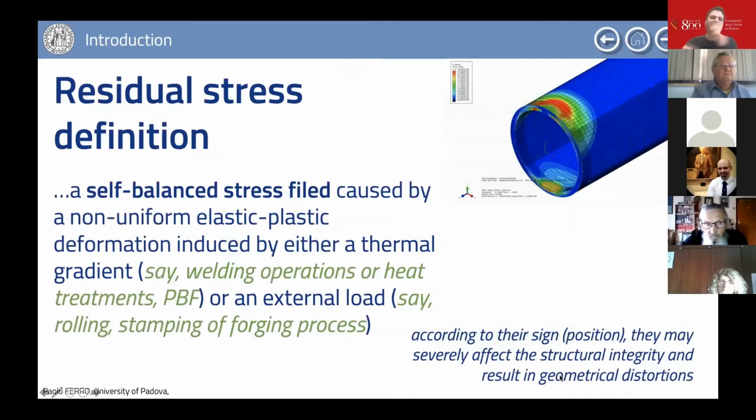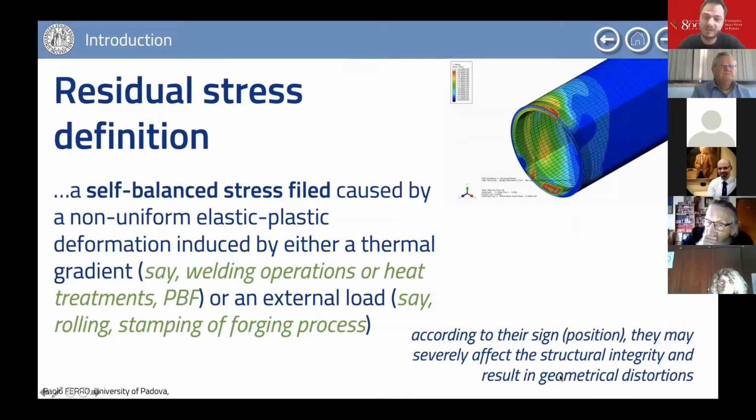Okay, these are the definitions. A residual stress is a self-balanced stress field that arises in components when they are subject to a non-uniform plastic deformation through the cross sections.